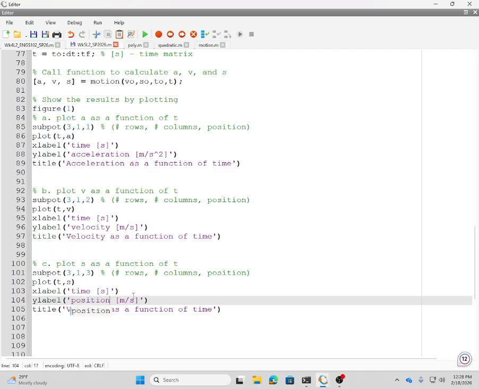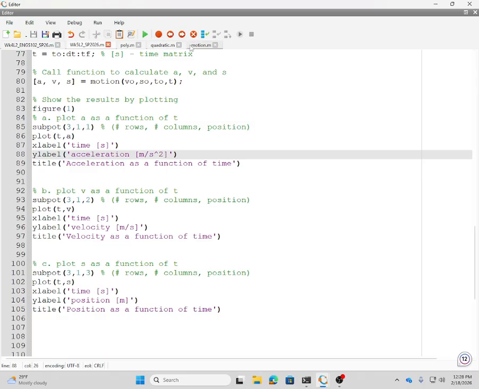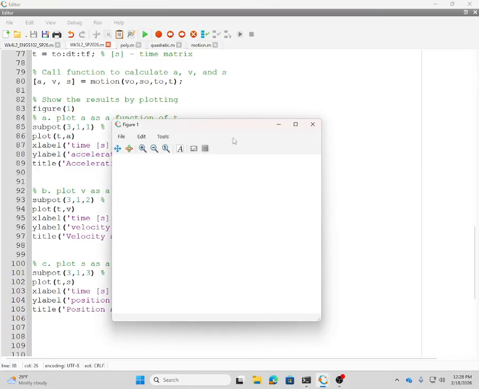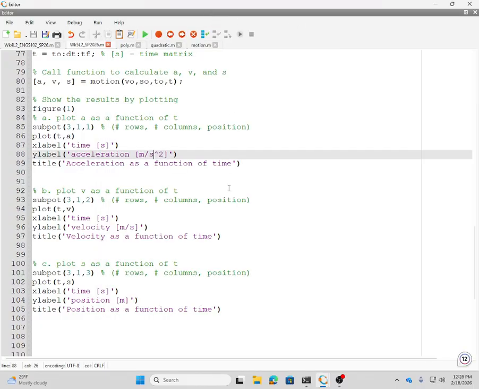I'm going to change it to meter only. I'm going to change it to position. Okay, if my code is okay so far, it should be running fine. If the code has an issue, which most likely I do, I'm giving you time to take the class notes, and then we'll figure out what is the issue with the code.